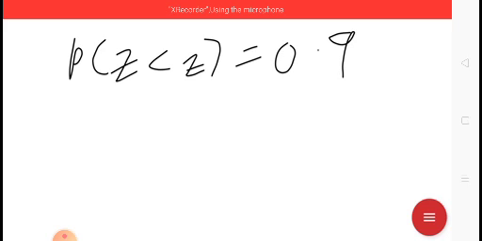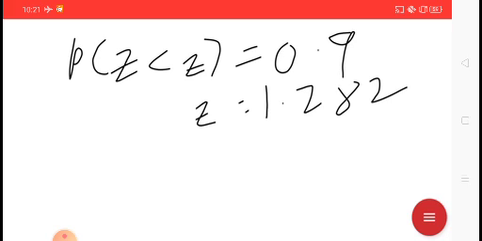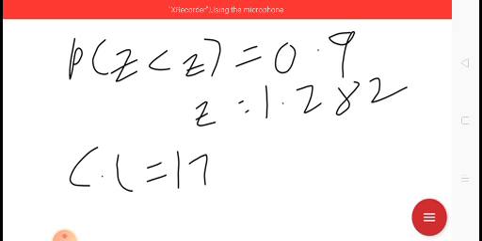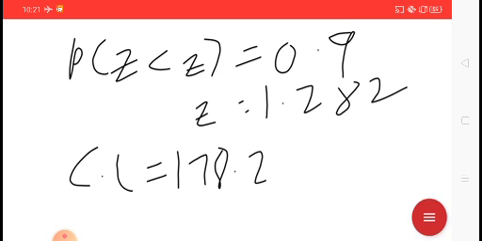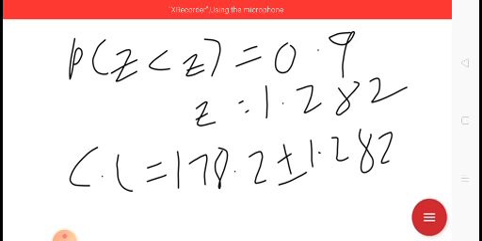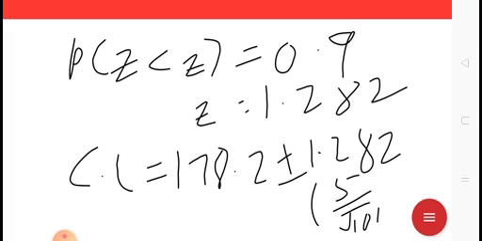From the table, for 0.9, z will be equal to 1.282. Once you have this, you can form the confidence limit first. The confidence limit will be equal to 178.2 plus minus 1.282 multiplied by 5 over square root 100.